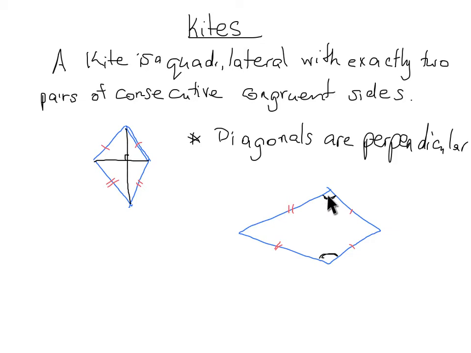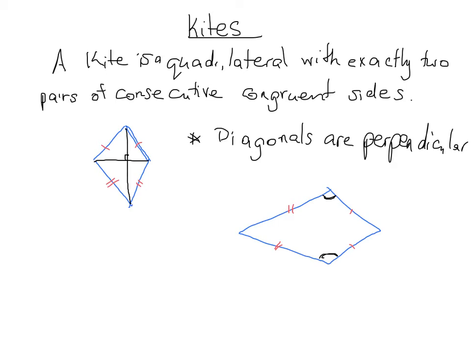The angle that is congruent to the other angle has to be between two non-congruent sides. So see, this angle is between two non-congruent sides. So is this one. And so that's how we know that these two angles are congruent to each other.